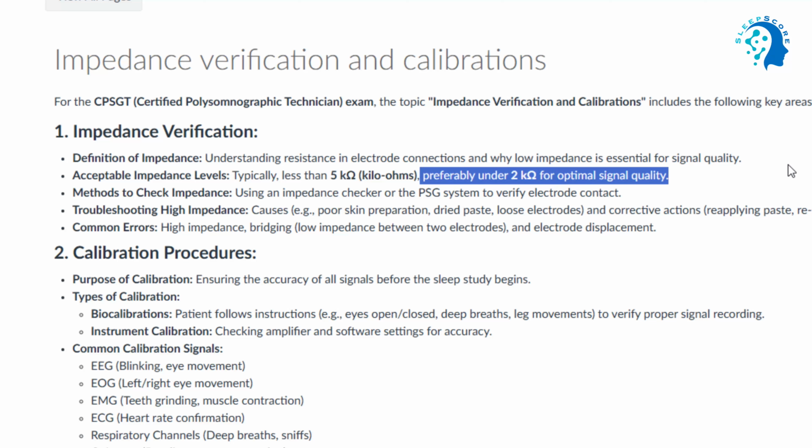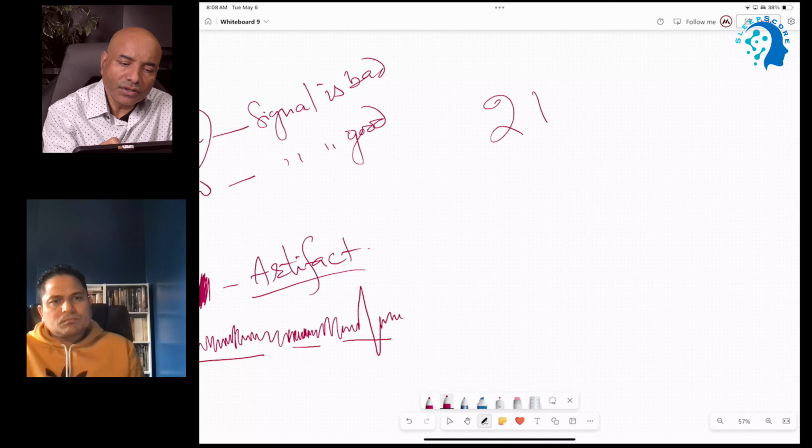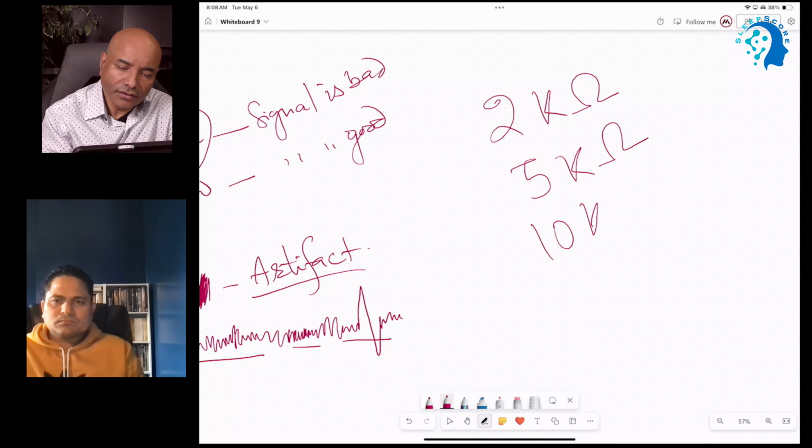So you may be thinking right now, what is this 2K? What is this 4K, 5K? This is the impedance level, the value. The impedance level value will be different: 2K ohms, 5K ohms, 10K and 25K.